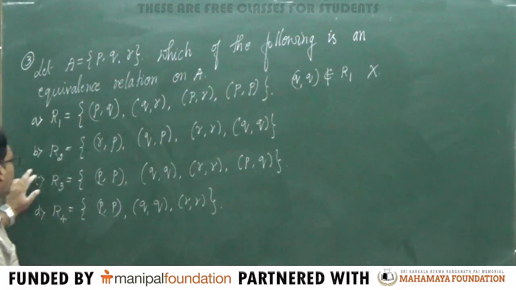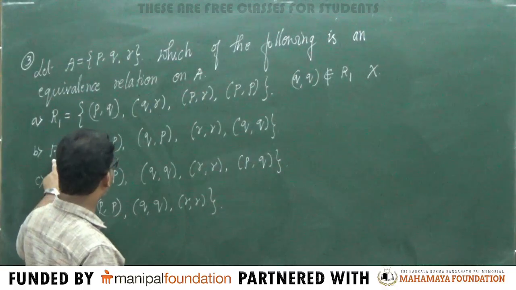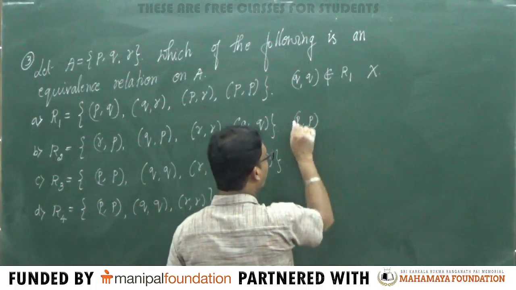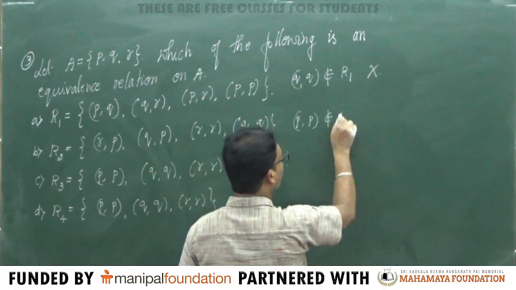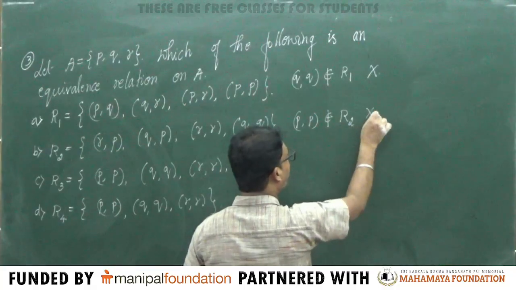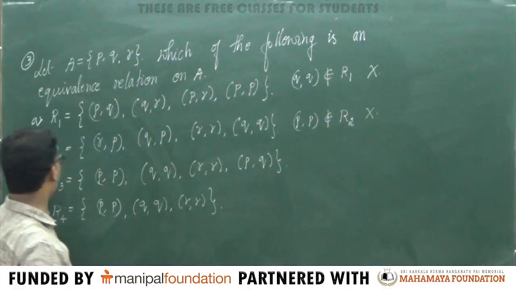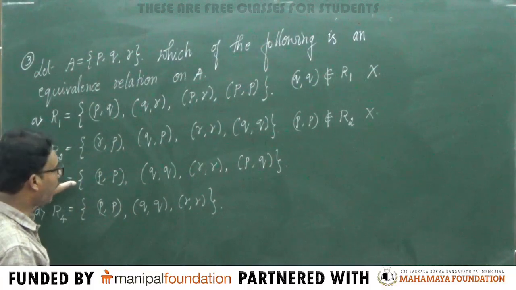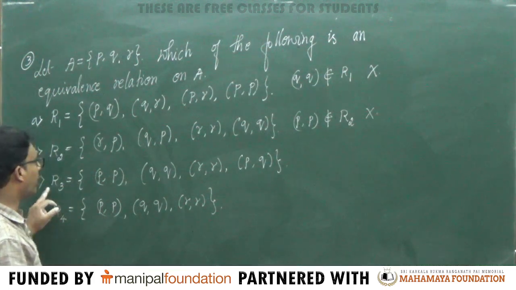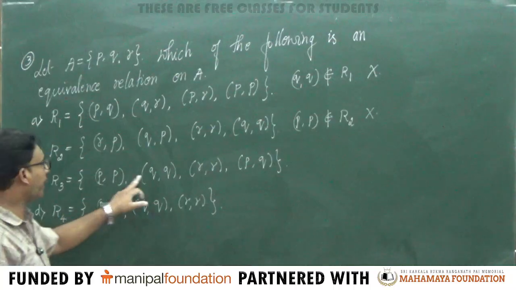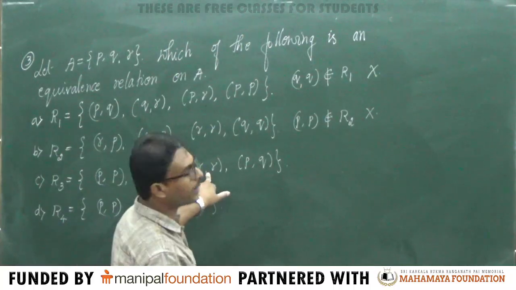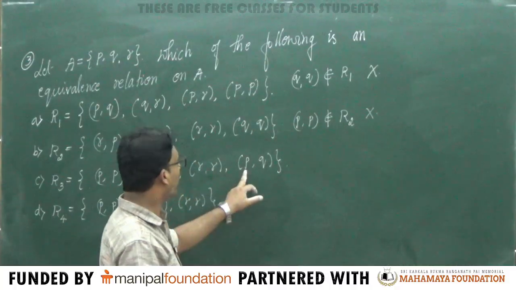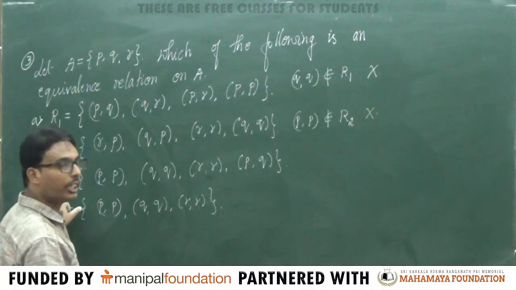Similarly, in the second relation, P is present in the given set, but (P, P) is not present in the relation R2. Therefore, the second relation is again not reflexive, hence it is not an equivalence relation. In the third relation, there are (P, P), (Q, Q), (R, R). Yes, R3 is reflexive, but (P, Q) is present in the relation R3.